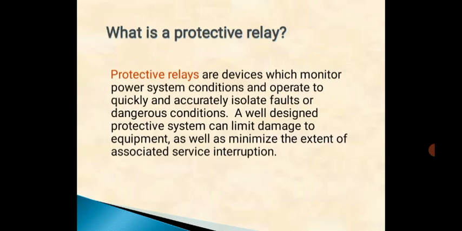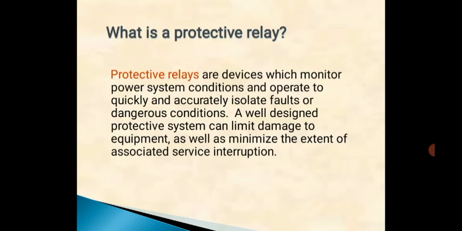The relay which is used for protection is called a protective relay. Protective relays are devices which monitor the power system conditions and operate to quickly and accurately isolate the faults, to prevent hazardous conditions.